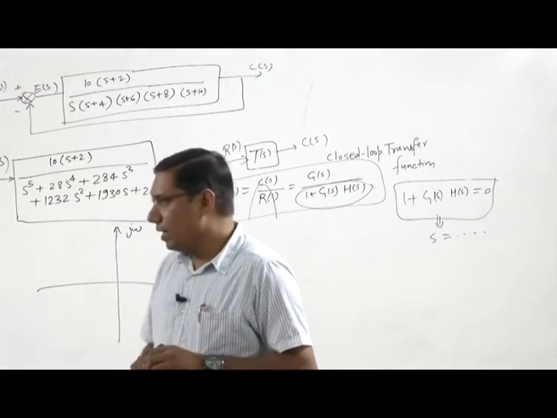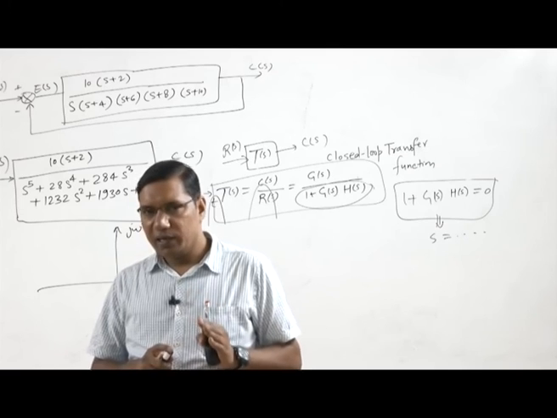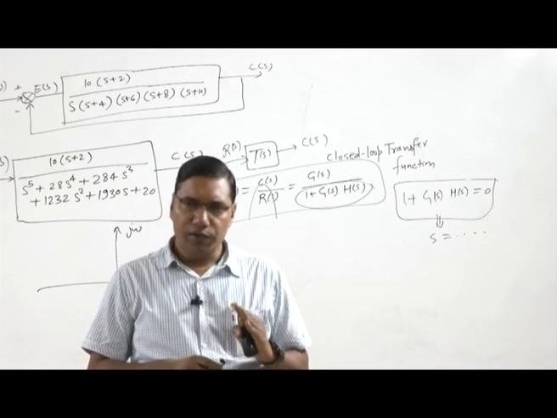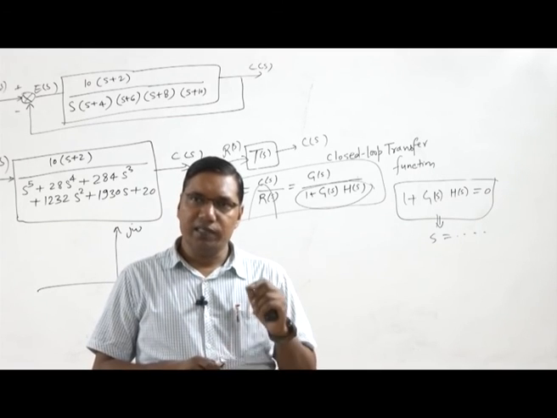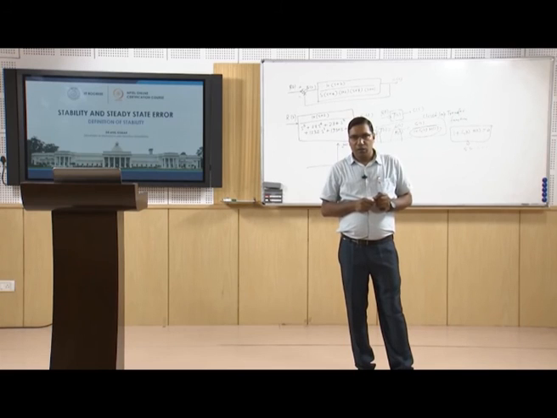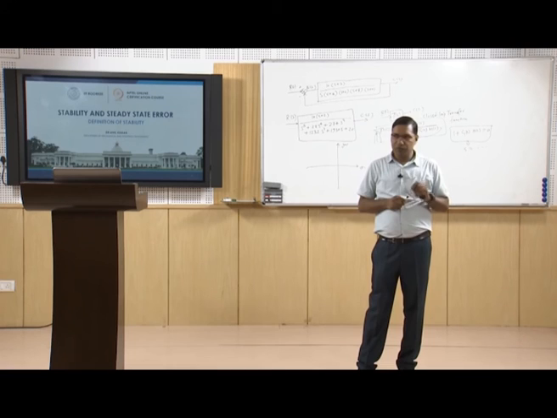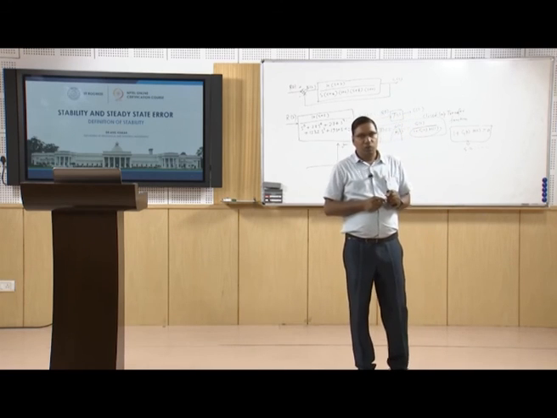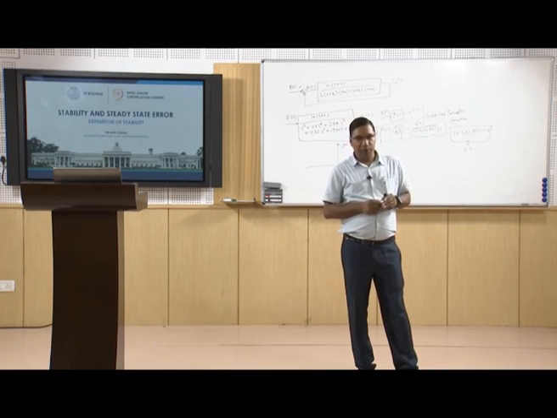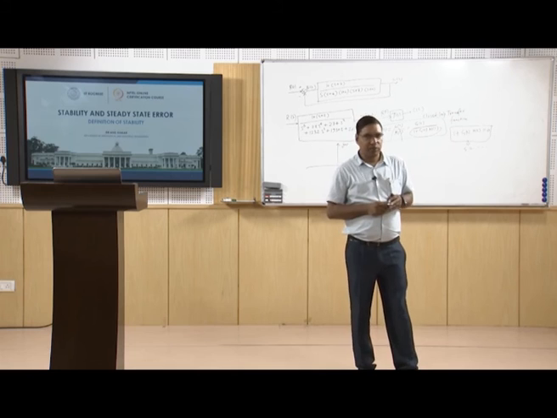One thing is clear, that to get the information on stability, we don't need the exact position of the poles, or the exact value of the location of the poles, but we only need to know whether the poles are in the left half plane or in the right half plane or on the j omega axis.